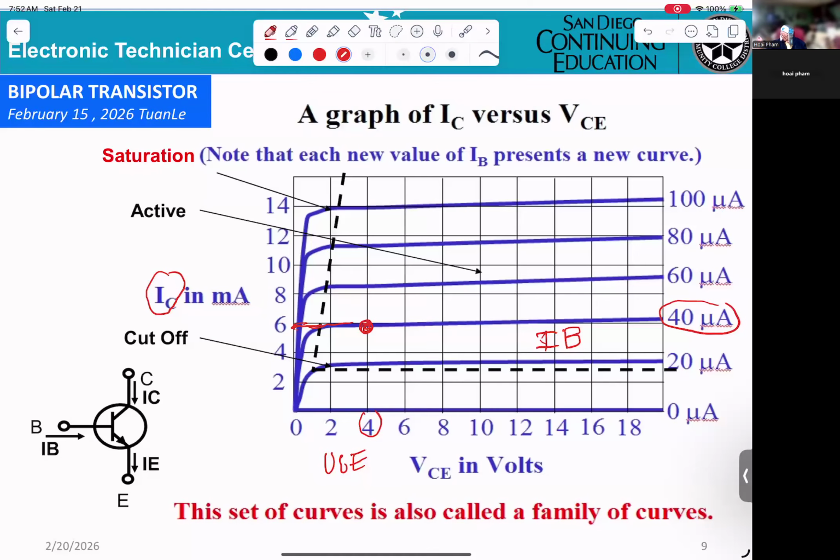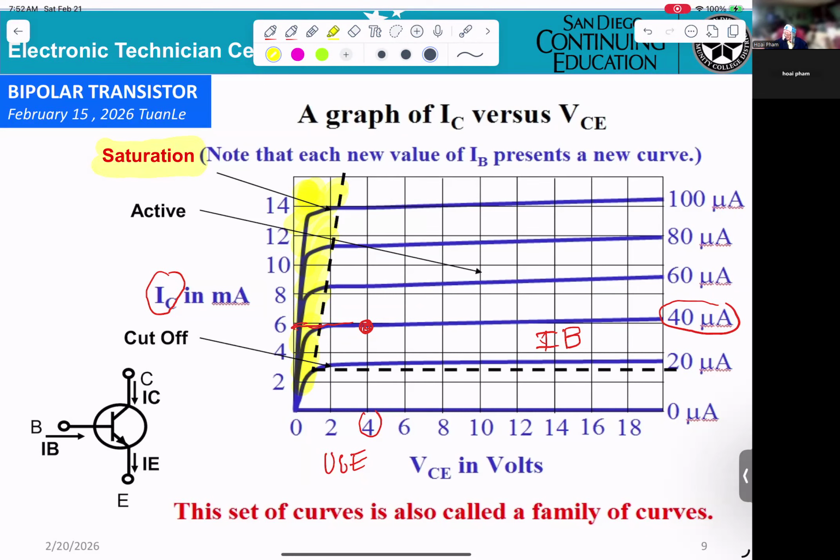Now, in this display, the area here is what they call saturation.